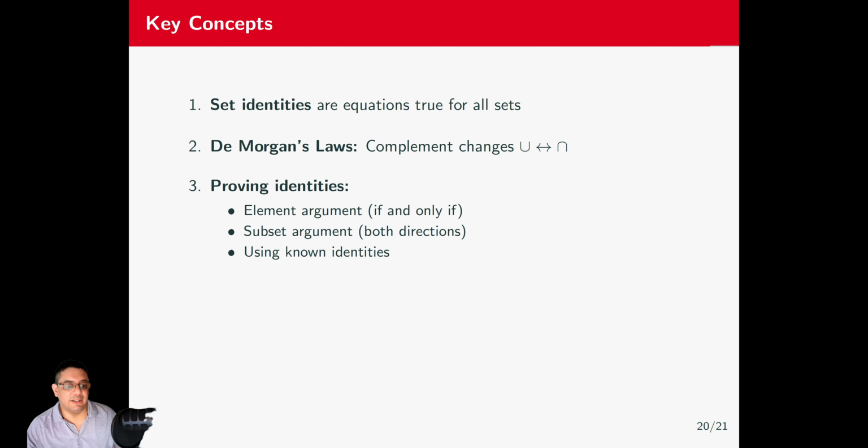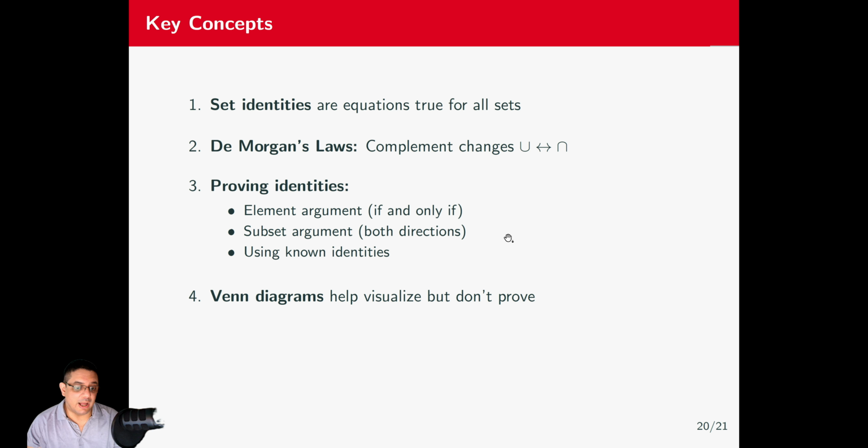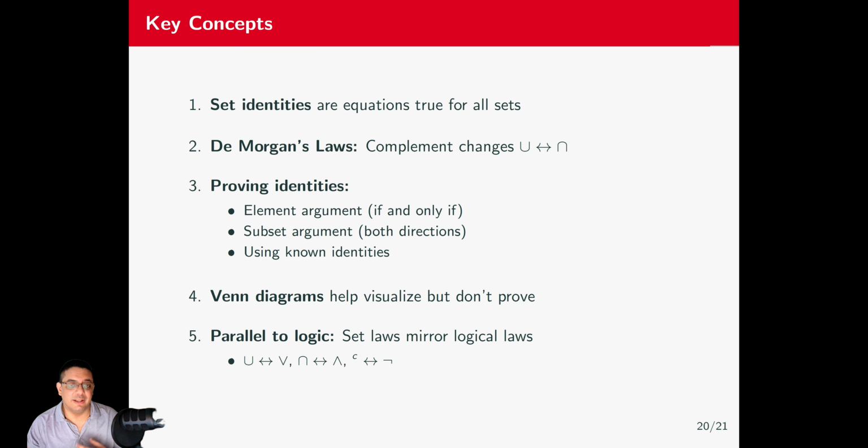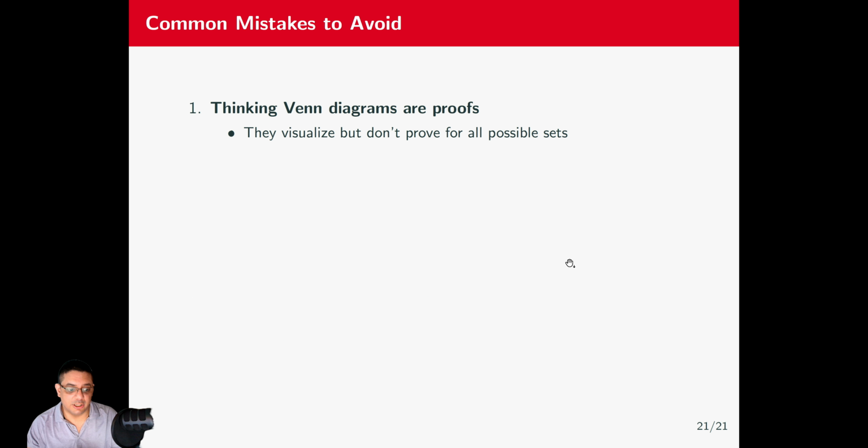And you have three methods for proving identities: the element argument with if and only if, the subset argument with both directions, and using known identities to prove those. Now, Venn diagrams help me visualize things, but they don't necessarily prove anything. They can work as a counterexample, but never as proof. And there's a lot of parallel in logic with the symbology that we have in sets.